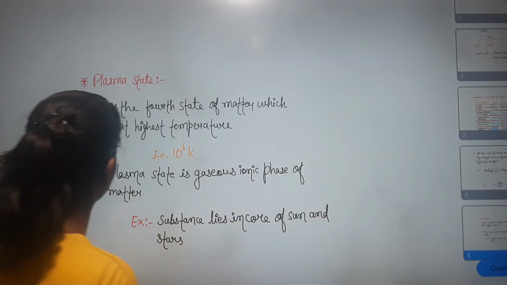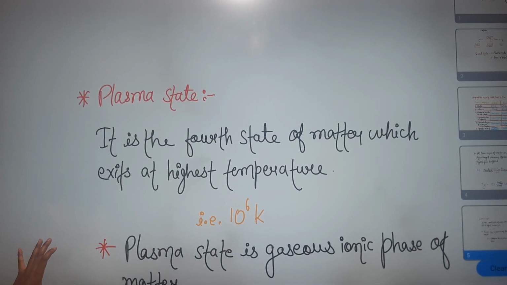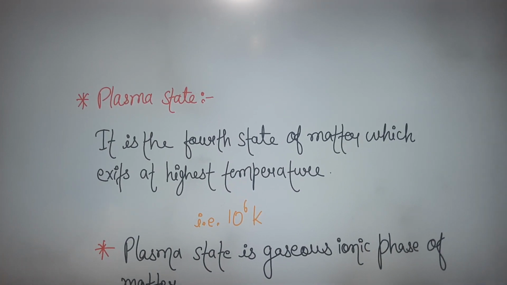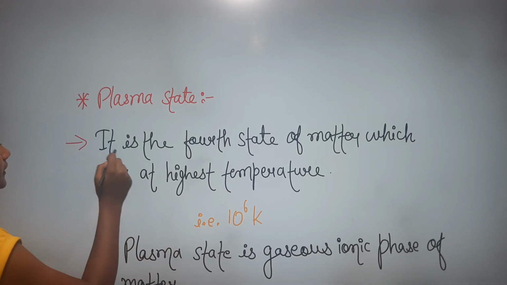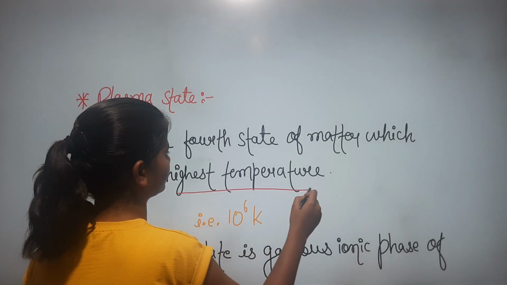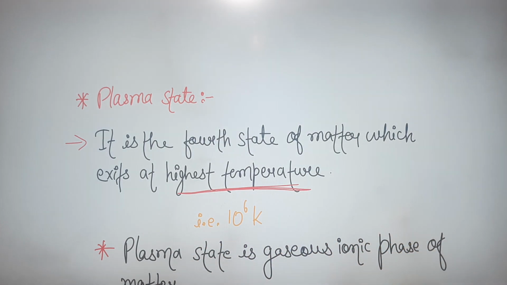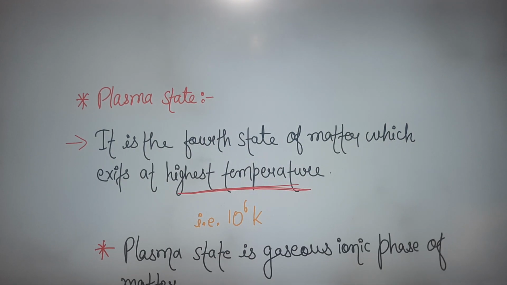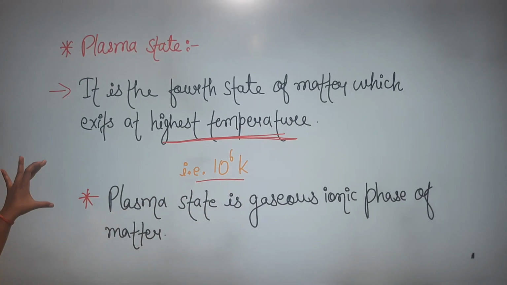Now let's see about the special states. It is plasma. It is the fourth state of matter which exists at the highest temperature, that is 10 to the power 6 Kelvin.